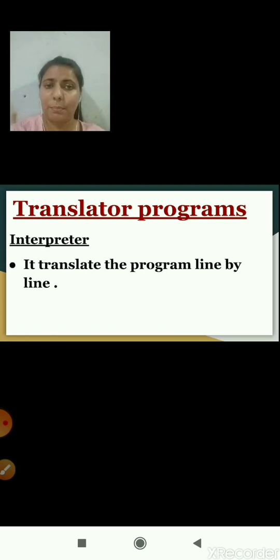It translates the program line by line, and when it catches an error, it will immediately stop there, and when the user removes that error, then it will continue its interpretation.